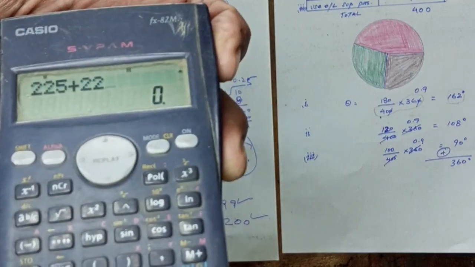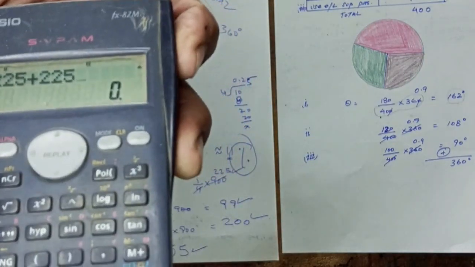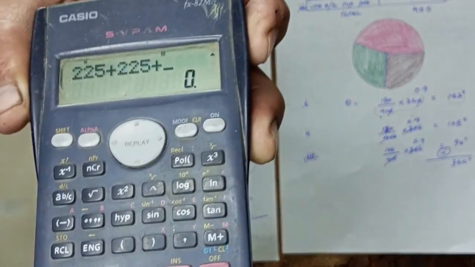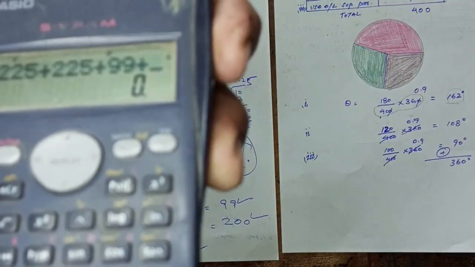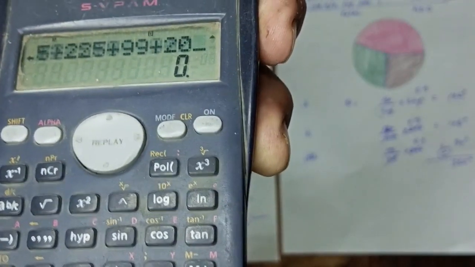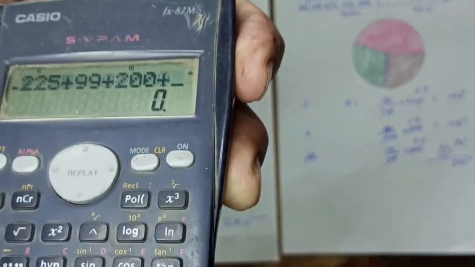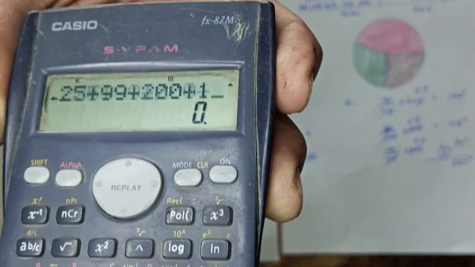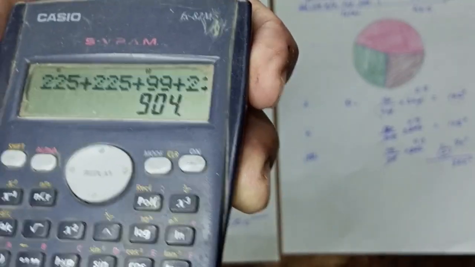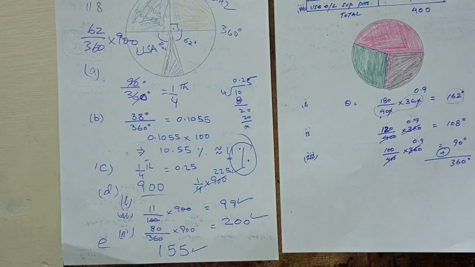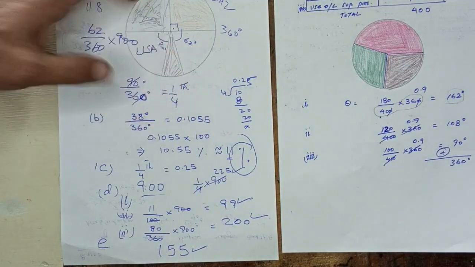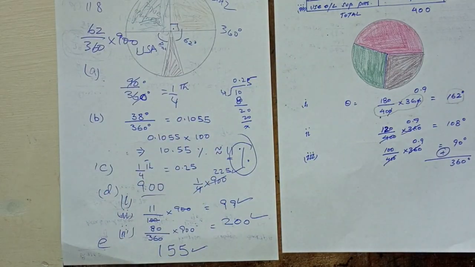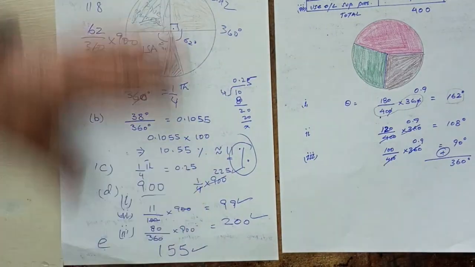These are the Chinese students and the Brazilian students, plus Indian students. Now Indian students are in fact 99, it is one short, plus 200 American students, plus 155, which gives 904. So it is almost equal. Due to some variation of angle, it is coming 904. No problem. The procedure will remain the same.